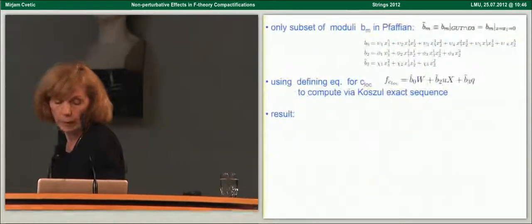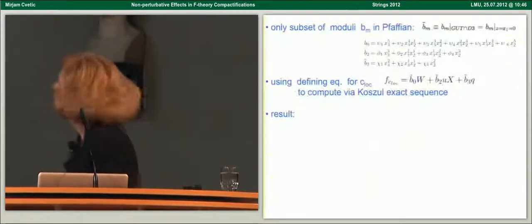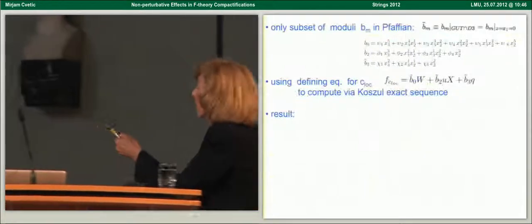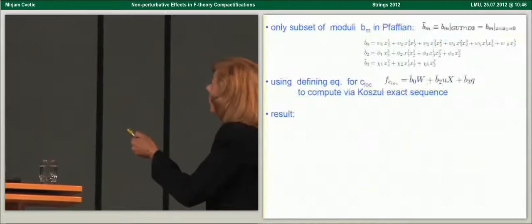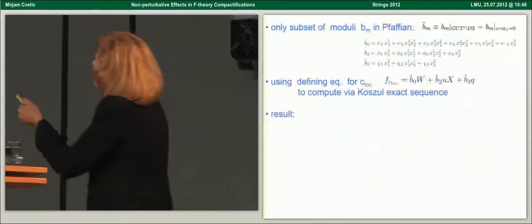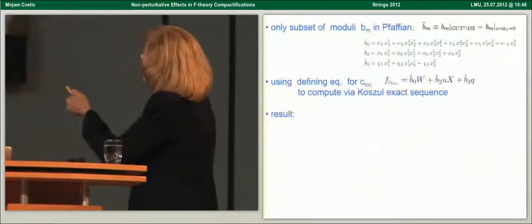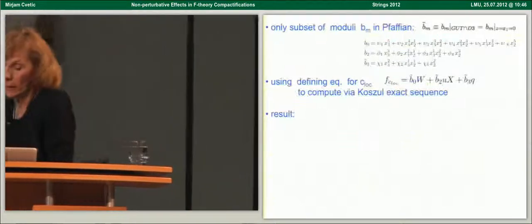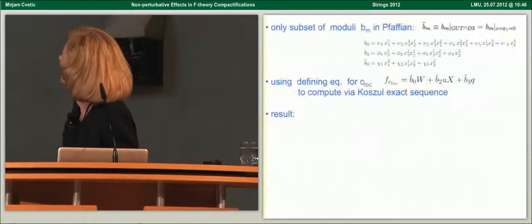bundles. So we calculate our toric data, our spectral cover data, and obtain the defining equation for the spectral curve, which now depends only on the subset of moduli that are restricted to the intersection of the instanton and the brane.